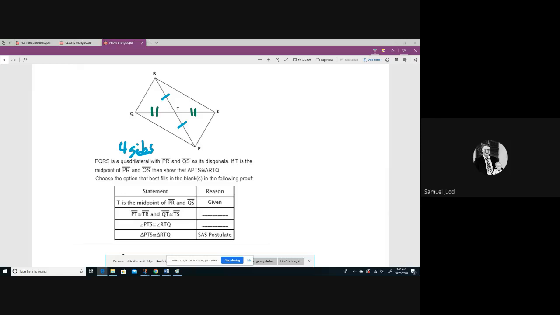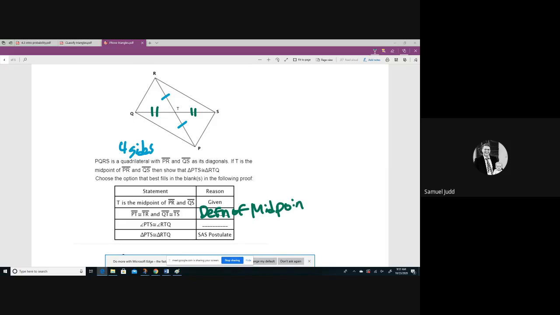Then show that the two triangles are congruent, choose the best options to fill in the blanks. Okay, so first they restate the given that it's the midpoint, and thus we knew that they were cut in half. You remember from a recent problem we just did, we get that from the definition of midpoint.